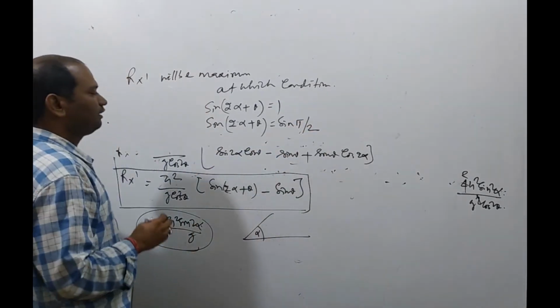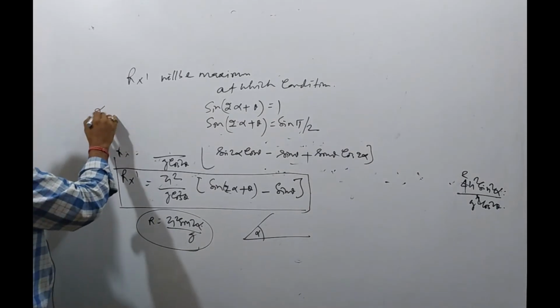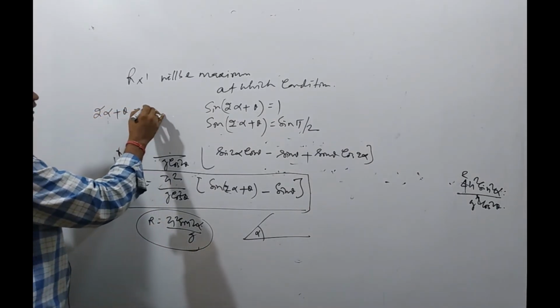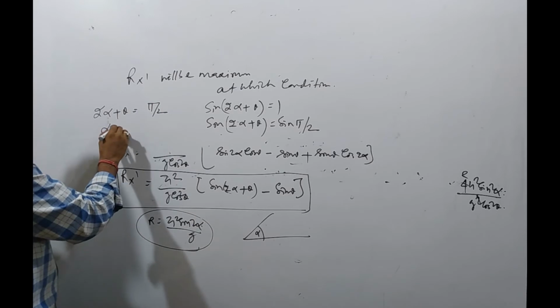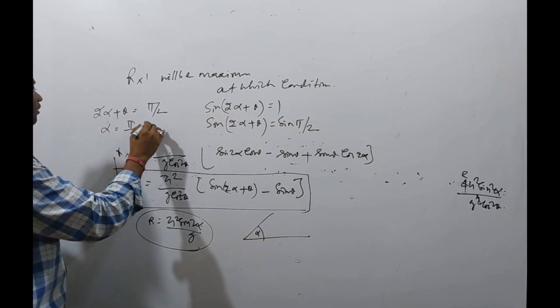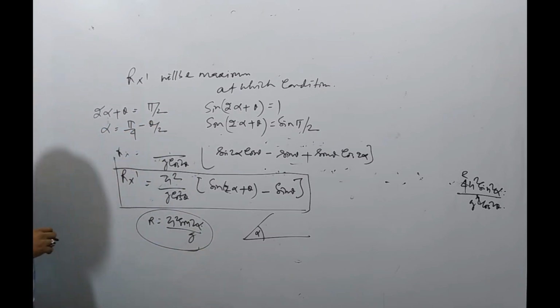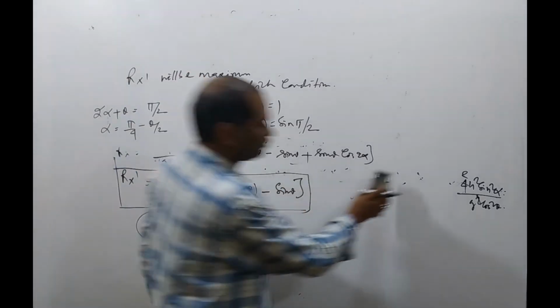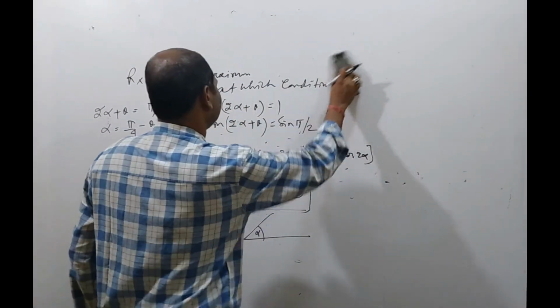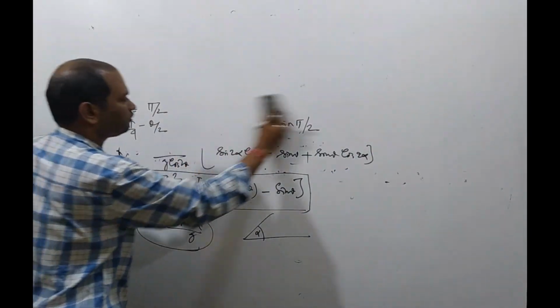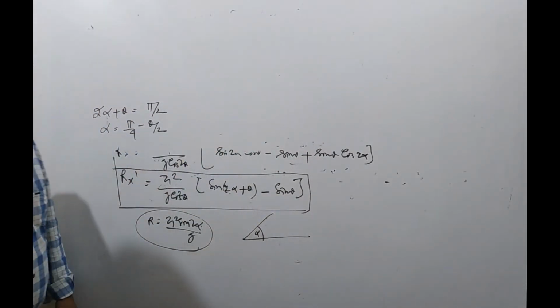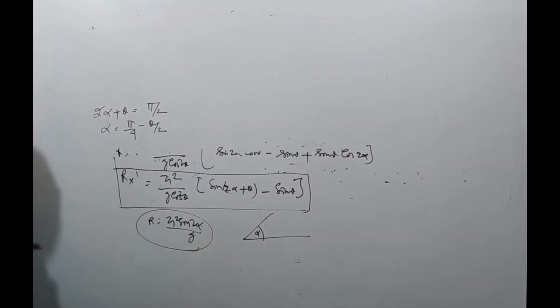Or 2 alpha plus theta is equal to pi by 2, or alpha is equal to pi by 4 minus theta by 2. Alpha is equal to pi by 4 minus theta by 2.